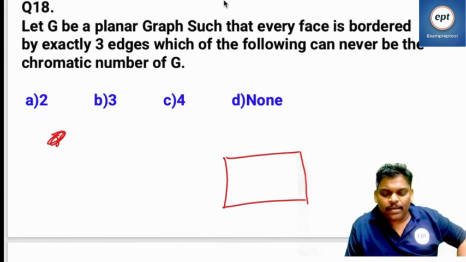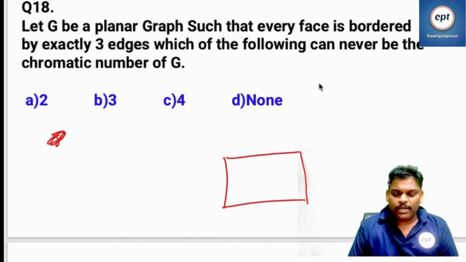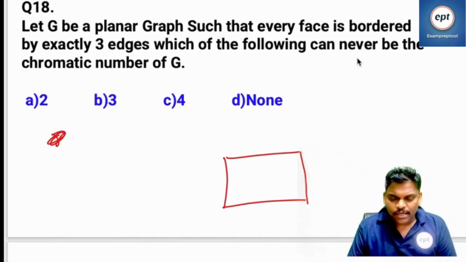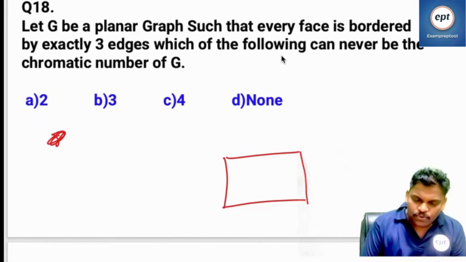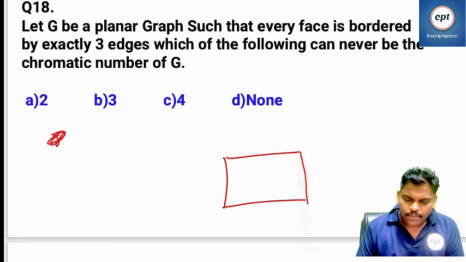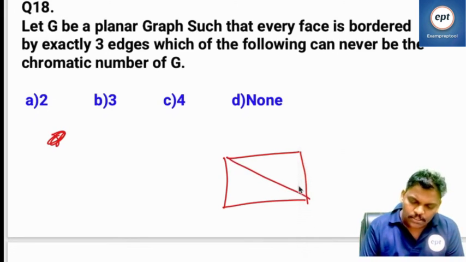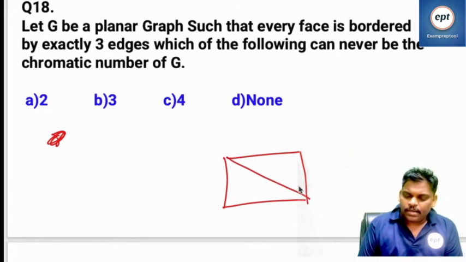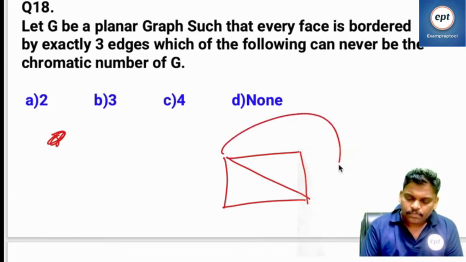Come to this problem. Let G be a planar graph such that every face is bordered by exactly 3 edges. Which of the following can never be the chromatic number? So the planar graph is like this, with 3 edges.